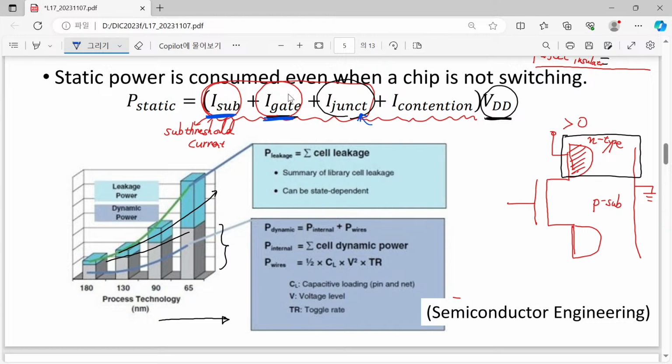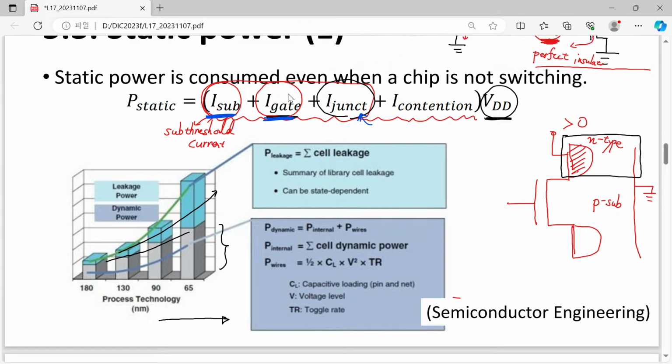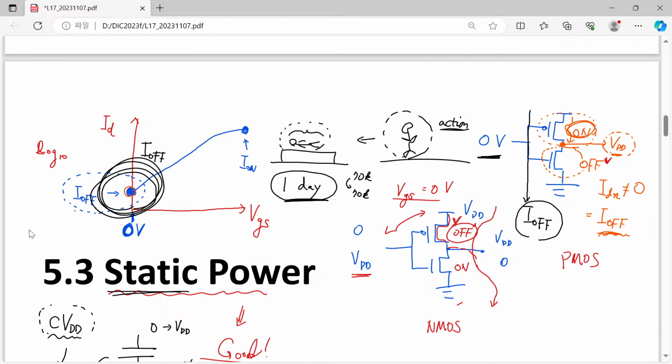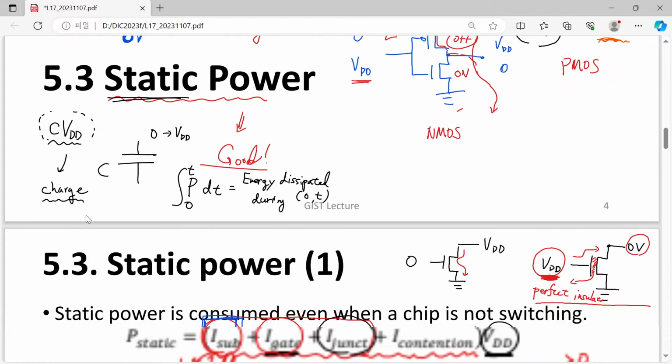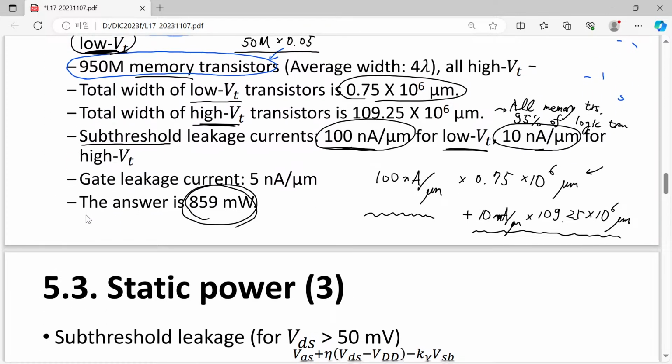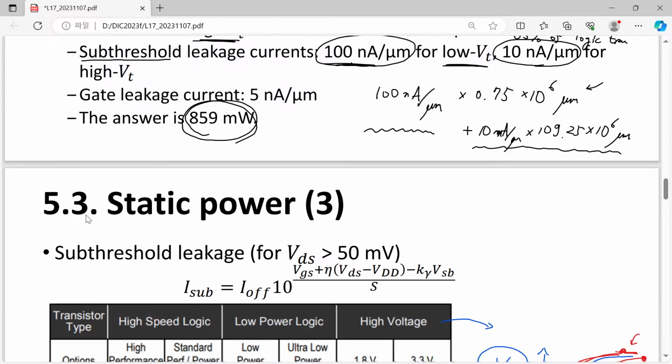For most state-of-the-art devices, the most important one is still the subthreshold current. That is the reason why we always draw this graph and care so much about the subthreshold current. This one almost determines the static power consumption, and static power consumption is really important to consider for the overall power consumption.